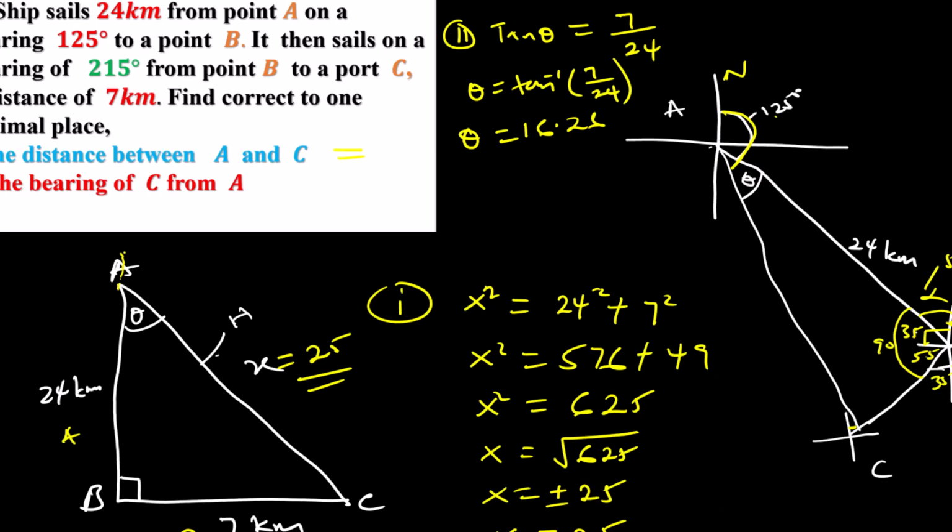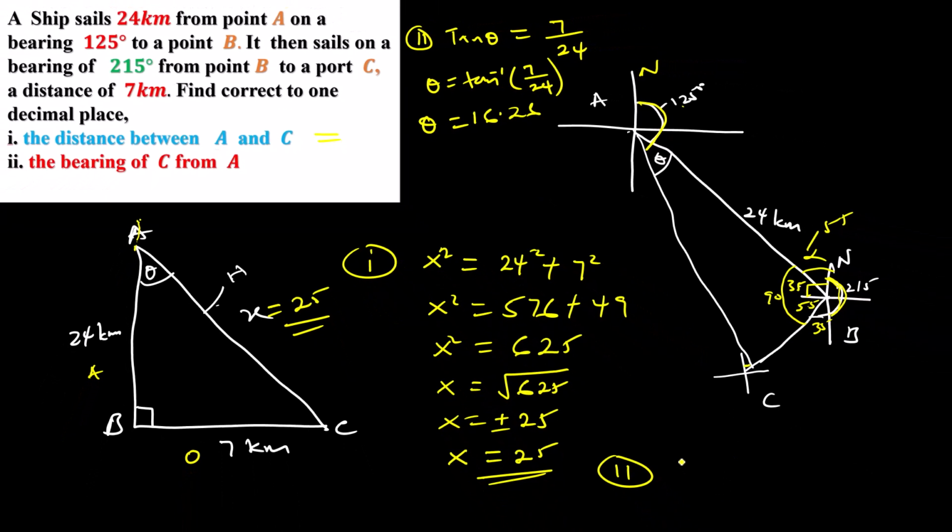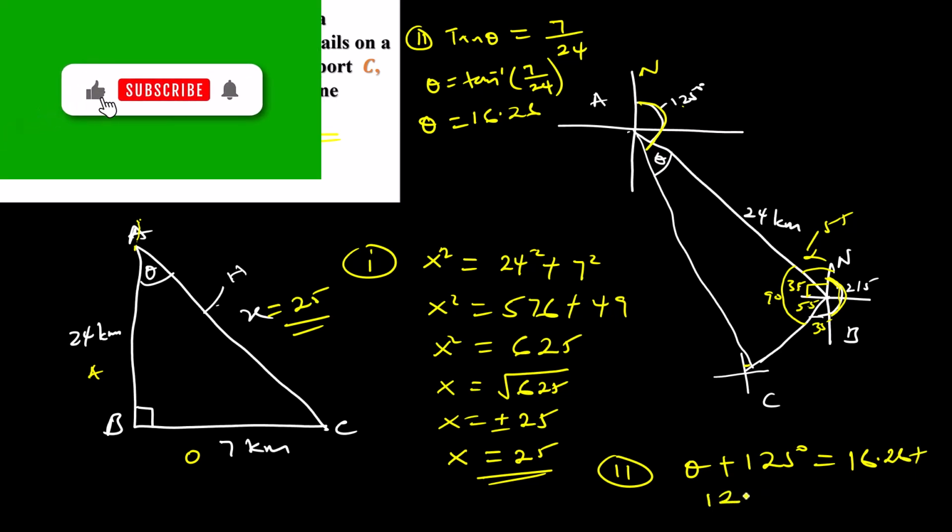Therefore, the bearing of C from A is theta plus 125 degrees, so 16.26 plus 125.